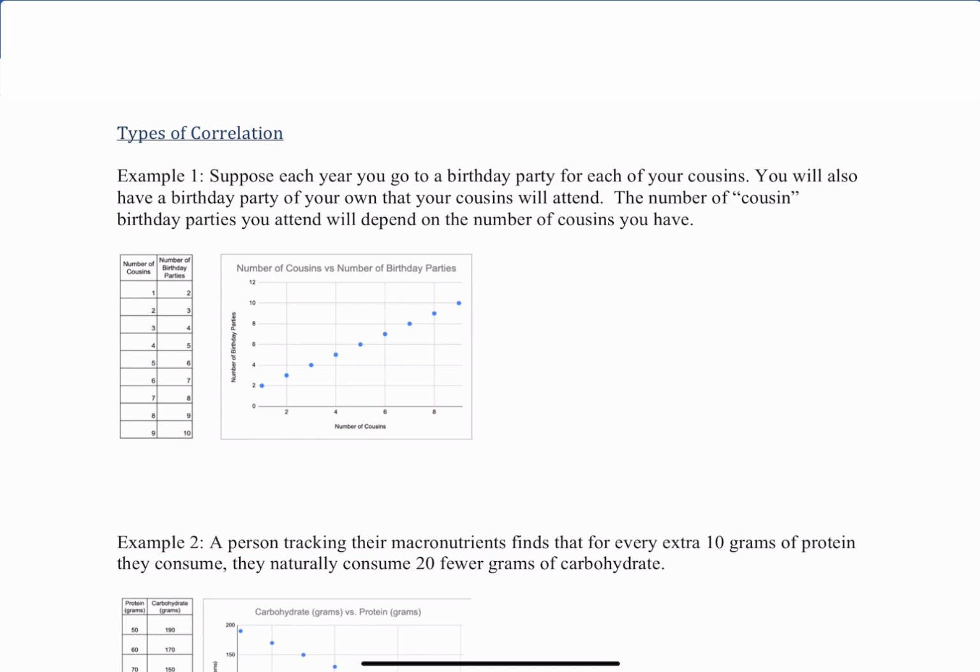So in this example, the number of cousins is the independent or explanatory variable.